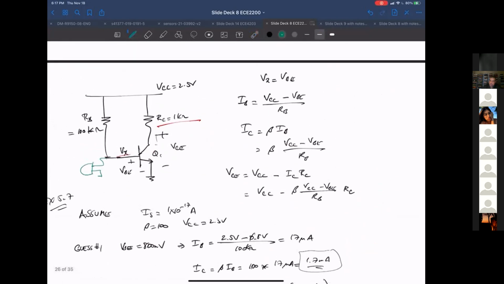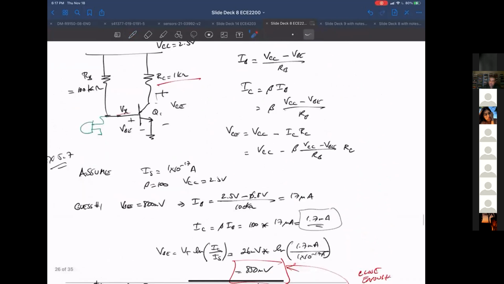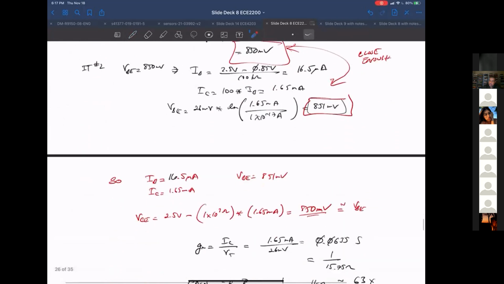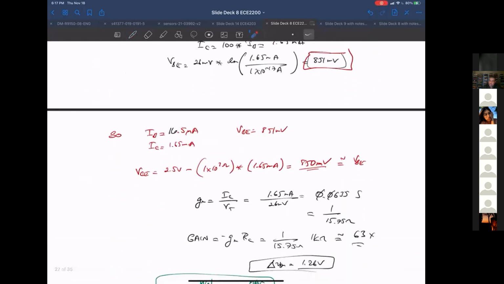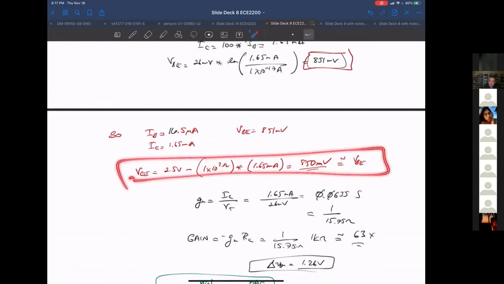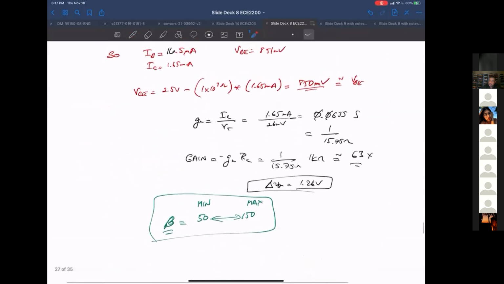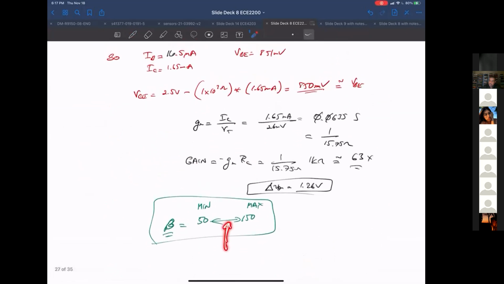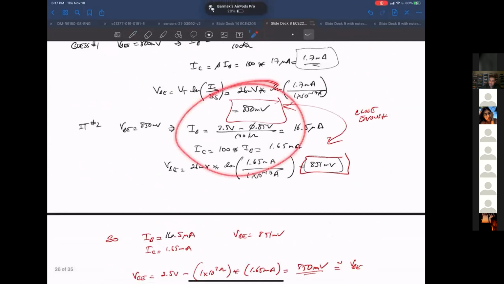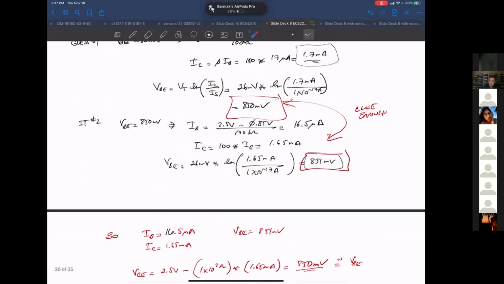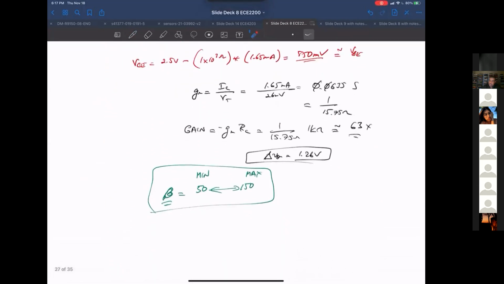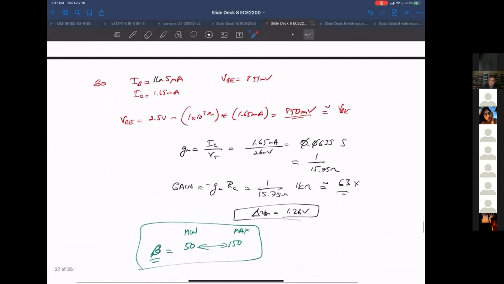So let's say you tweak this thing so it's all stable around this point, and my input is VBE and my output VCE is this value. Okay, but what happens if, instead of a beta of 100, the next device I pop in has a beta of 150?